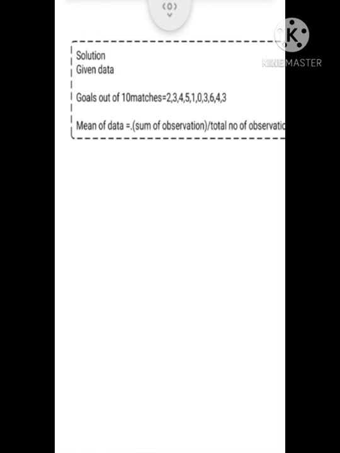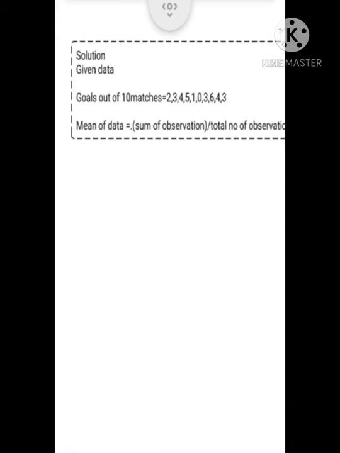So next we need to find the mean. Mean of data is equal to sum of observations divided by total number of observations, as we already noted. What is the sum of observations?